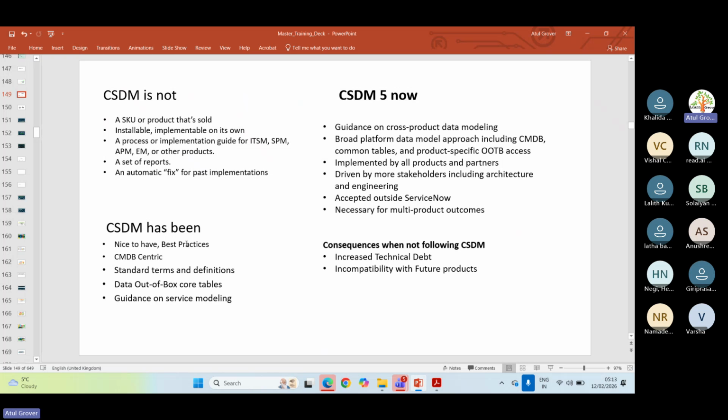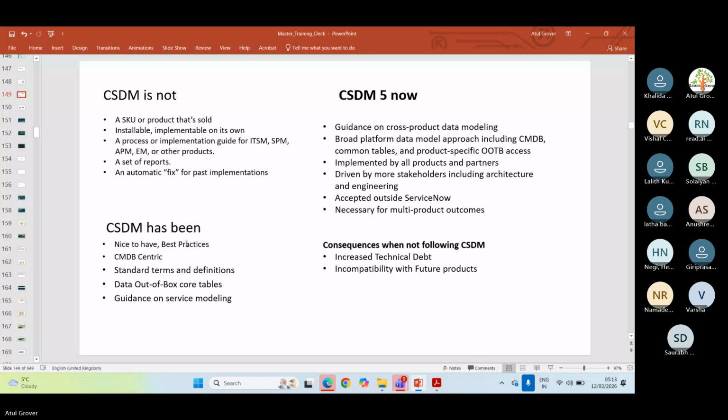And ITIL says to use its best practices. Because ServiceNow is a platform, and CSDM is one part of that platform, not using CSDM increases your technical debt and causes incompatibility with future products.